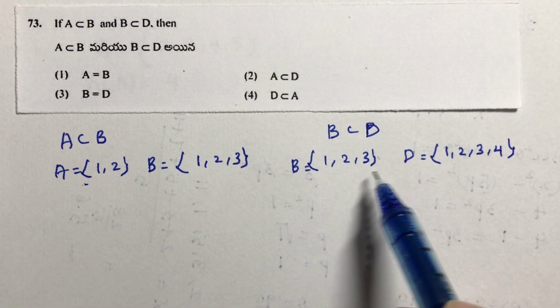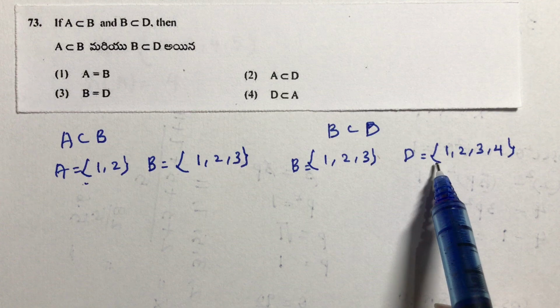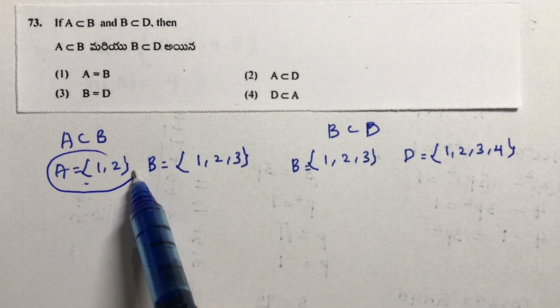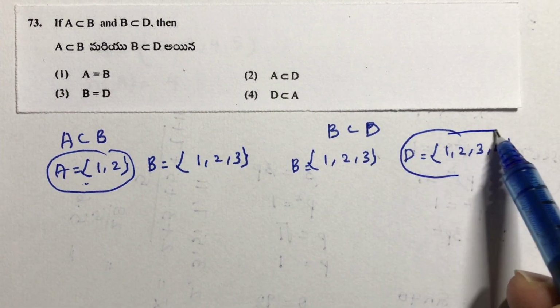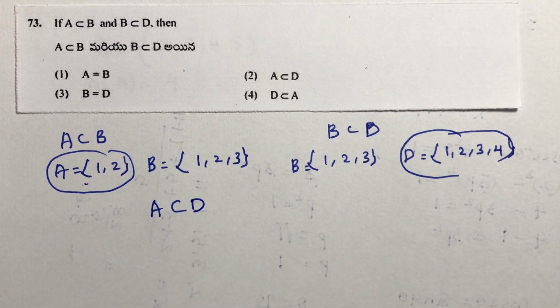All the elements of B are in D. So if A is a subset of B and B is a subset of D, then all the elements of A will be in D. So we can write A subset of D.